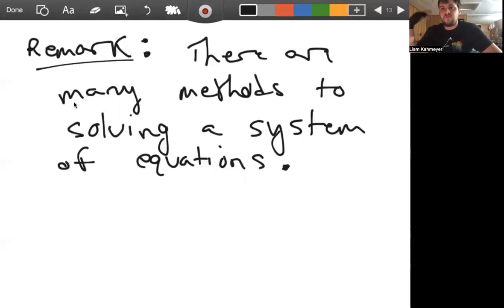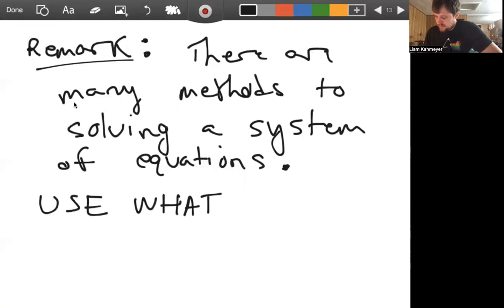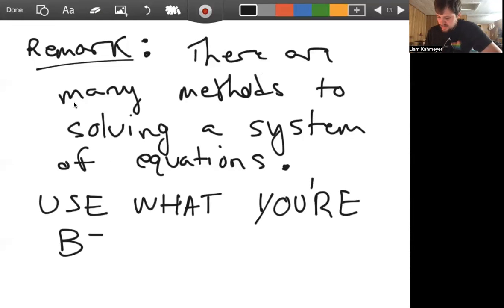So if in class I ever do an example in a specific way, and you look at that problem and say, oh, for me, it would have been easier to use this method instead, that's great. You should use what you're best at.